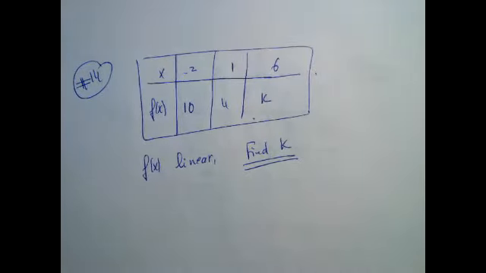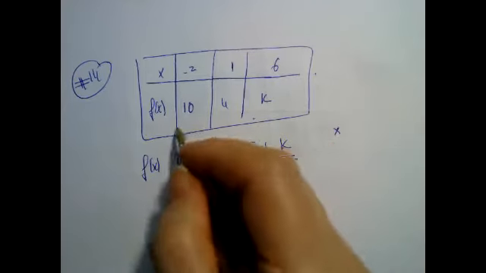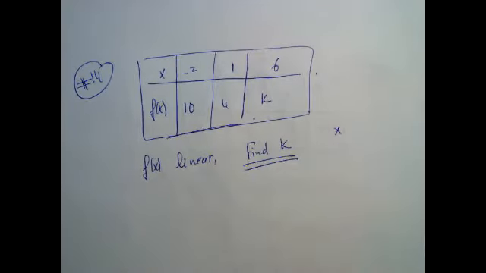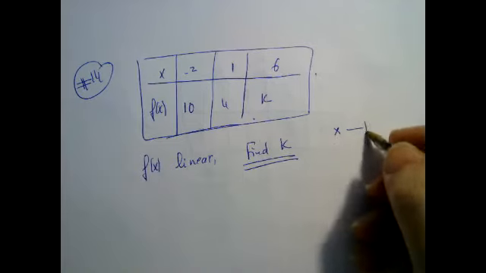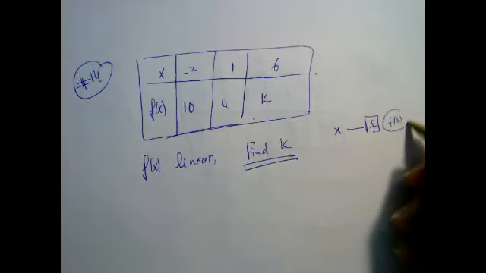So what does it mean? And I gave you a hint. My hint was, I want you to find a formula for f of x. What does it mean to find a formula for f of x? It means I want you to find a rule, since I'm telling you it's linear. Find a formula means find the rule that if you know the x, the rule will give you what should be the output.